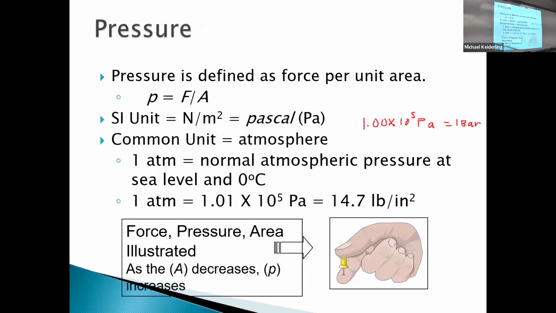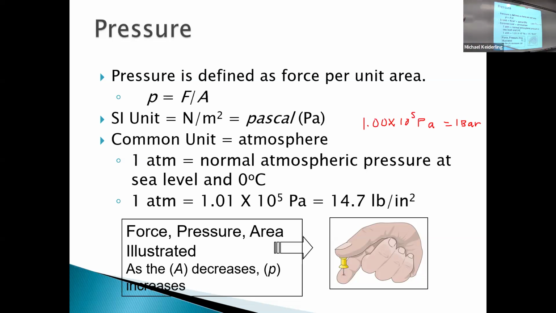So pressure is defined as force per unit area. The SI unit is Newtons per meter squared. It is a Pascal. There is also an older unit from the CGS system, the bar, which is 10 to the 5 pascals, that gets used a lot because 10 to the 5 pascals, or 1 bar, is very close to 1 atmosphere, which is extremely convenient.